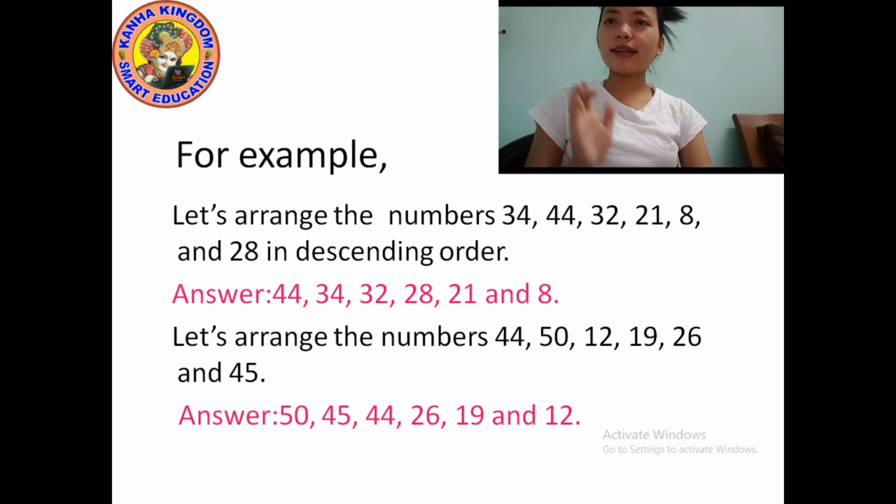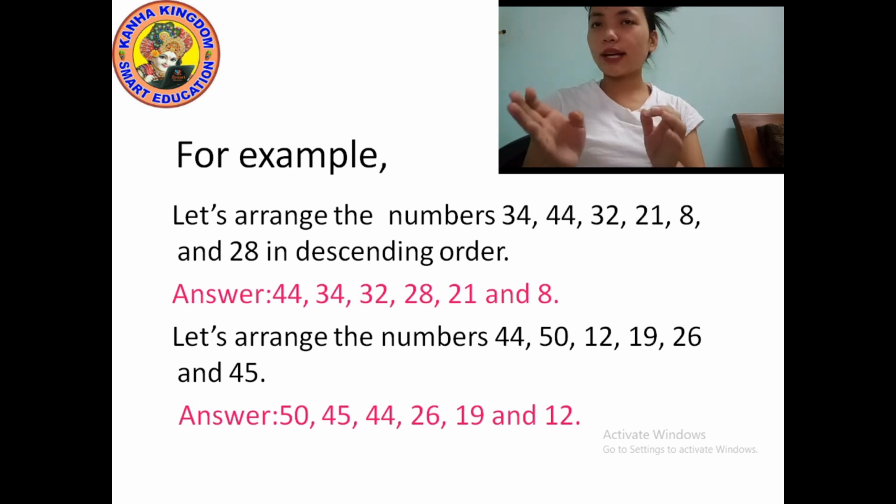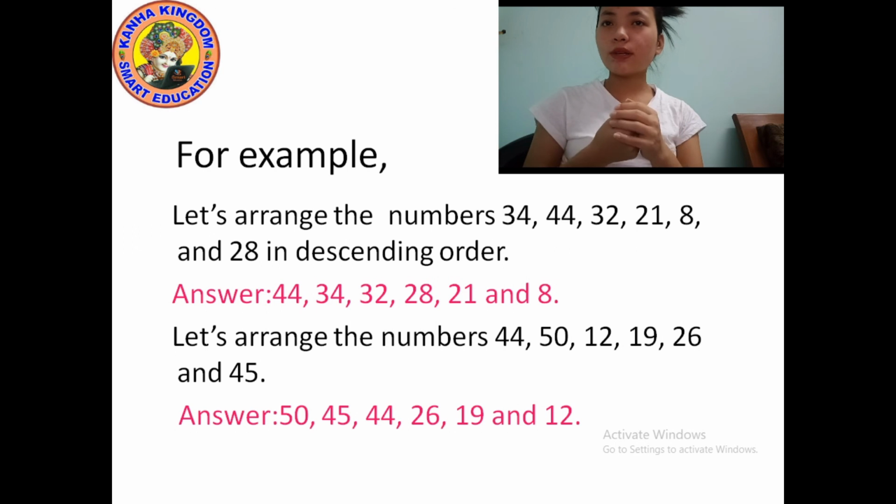I arranged the numbers from biggest to smallest, so we can say this answer is in descending form. The numbers 44, 34, 32, 28, 21 and 8 are in descending order.